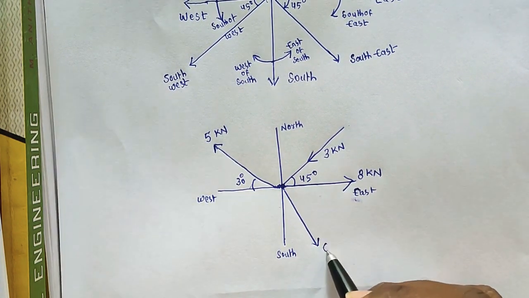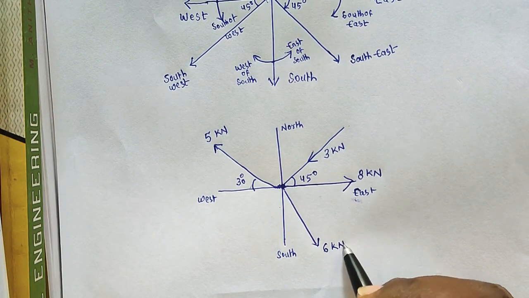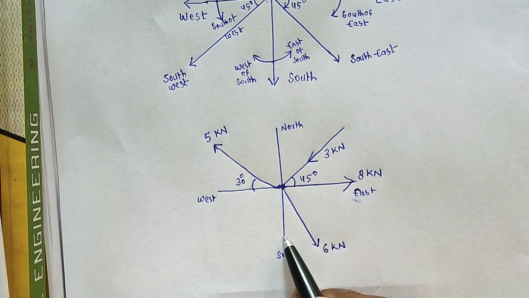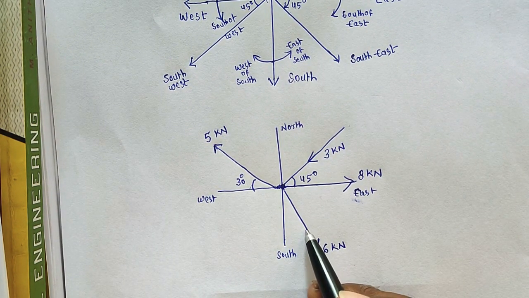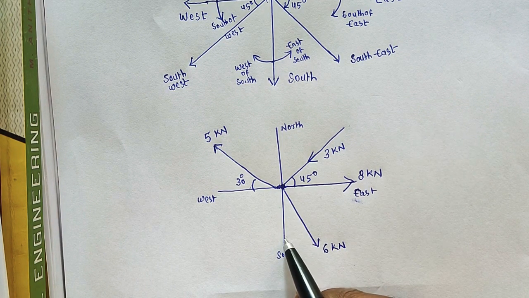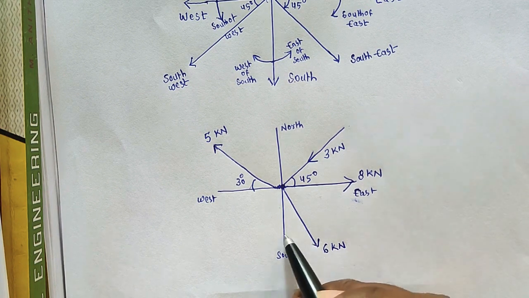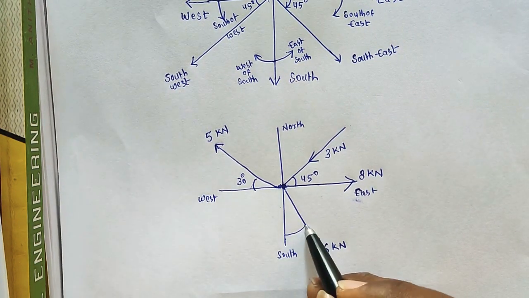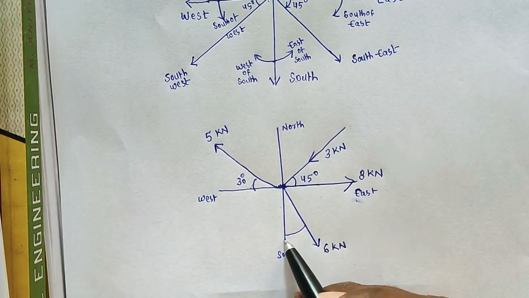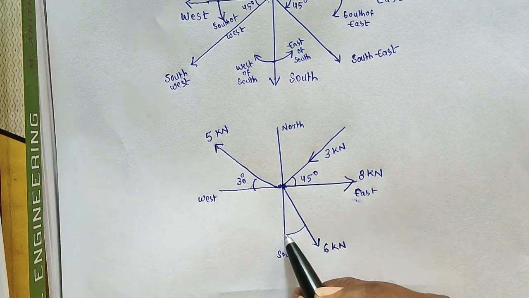So this one is 6 kilonewton. From south to east we are moving, so that is called east of south. So this is east. From south to east we are moving.